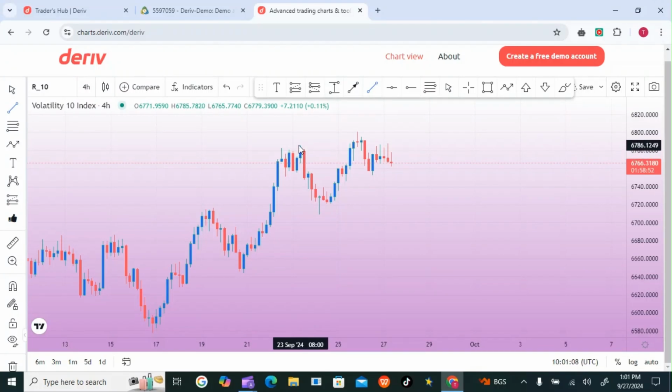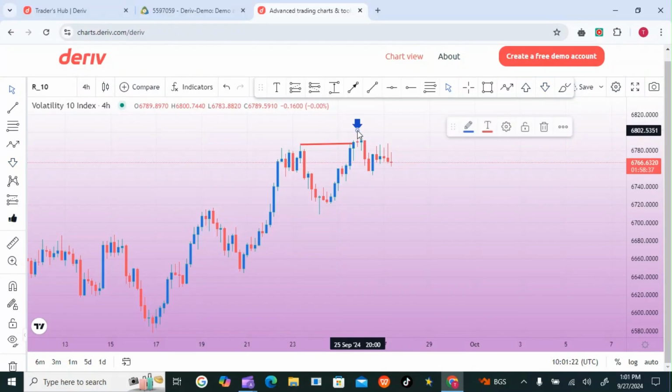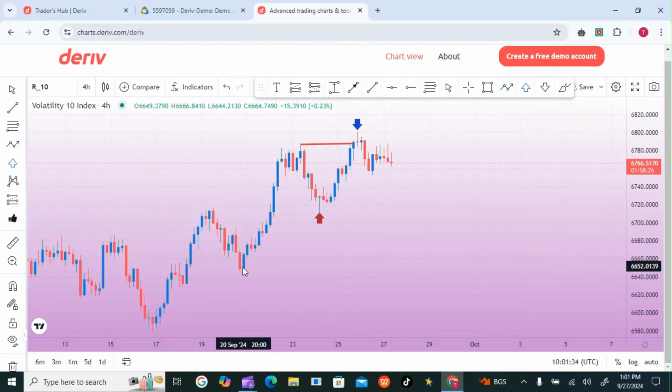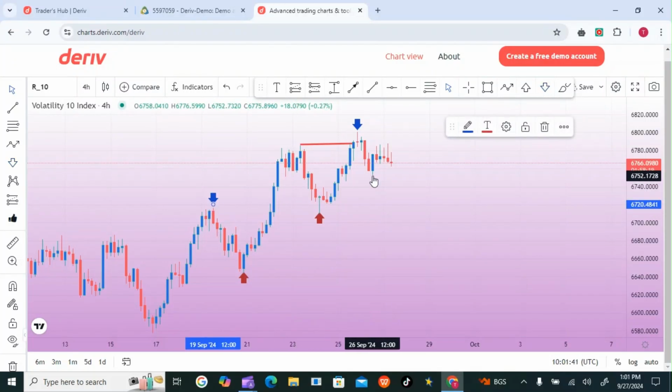So assuming this was the highest point, you can see the market has pushed up, creating another higher high on top of this. You can see it there, that's a higher high, and this was a higher low, this was a higher low, and this was a higher low, and this was a higher high.